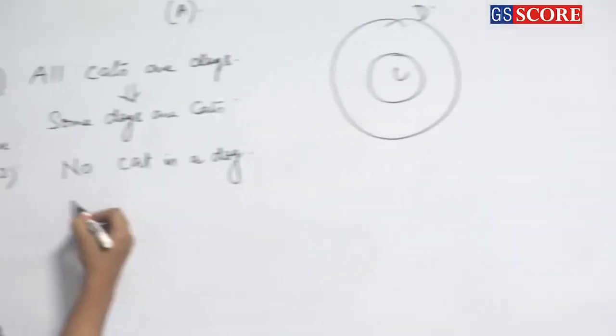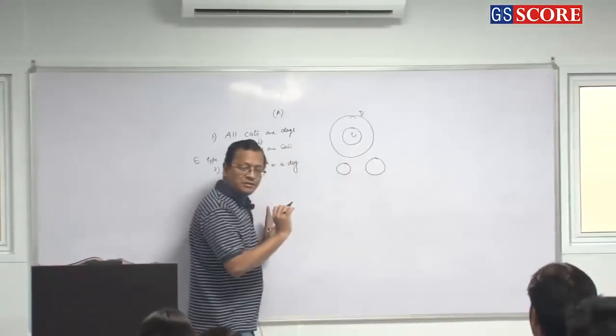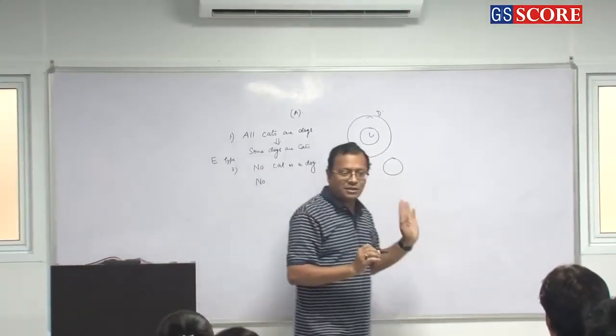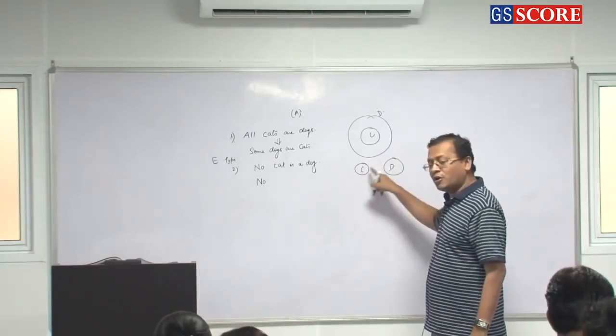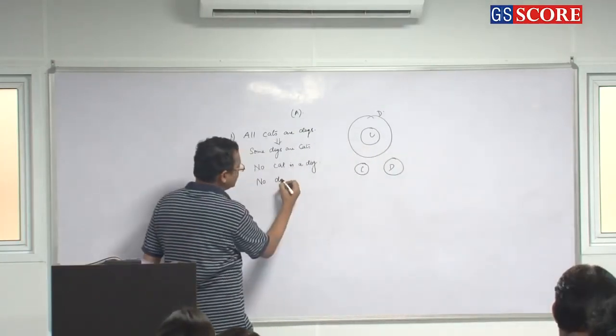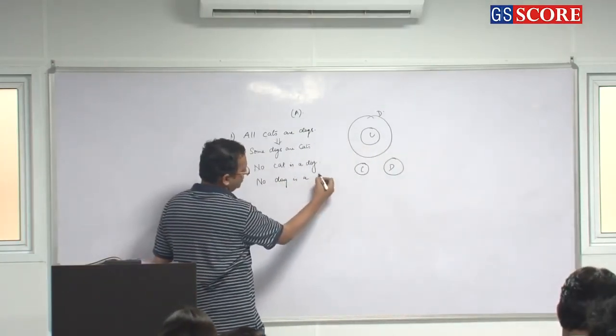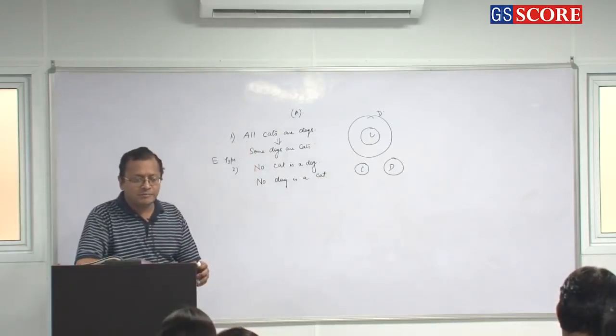Which means cat and dog are completely different. Cat and dog will not touch each other. So if no cat is a dog, no dog is a cat. So the conclusion that follows is no dog is a cat. Clear or not? Right?